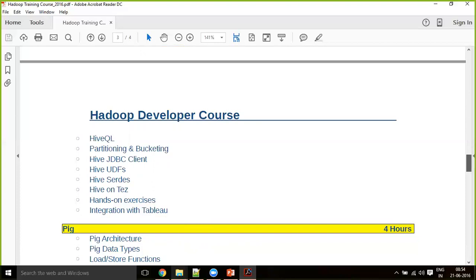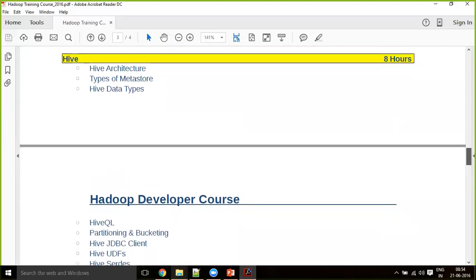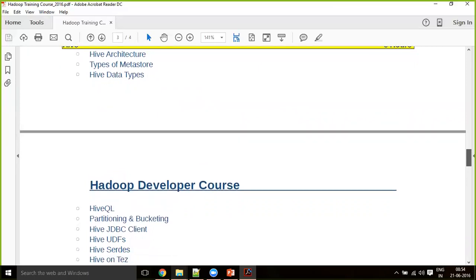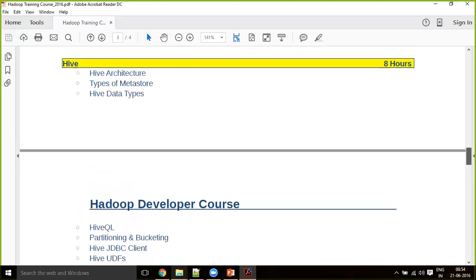Thanks for sharing this. Would you be covering the design approach for Hive, when you define the Hive metastore or Hive schema? Hive metastore, I will cover that anyway. From a design point of view, to be frank, that's a broader scope.